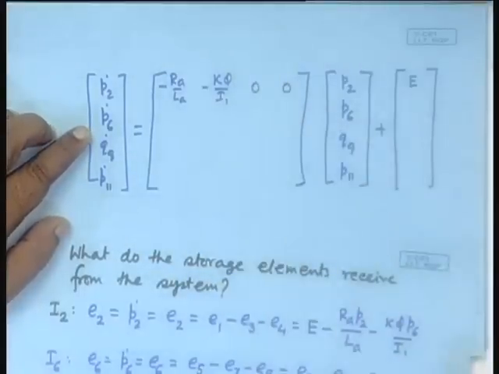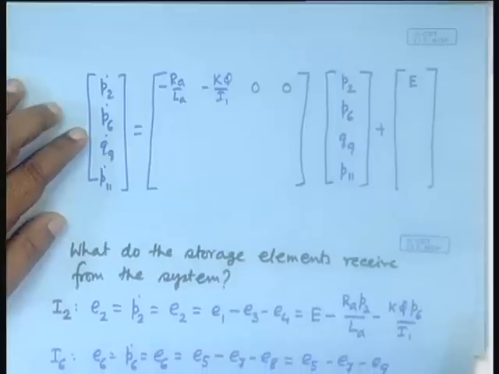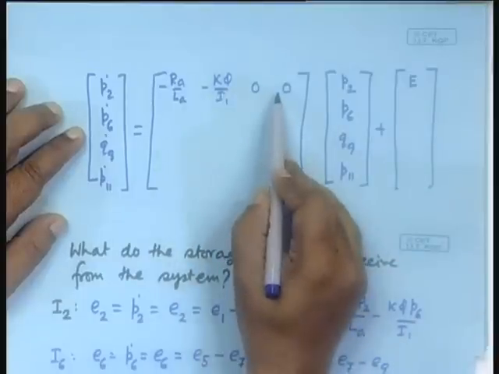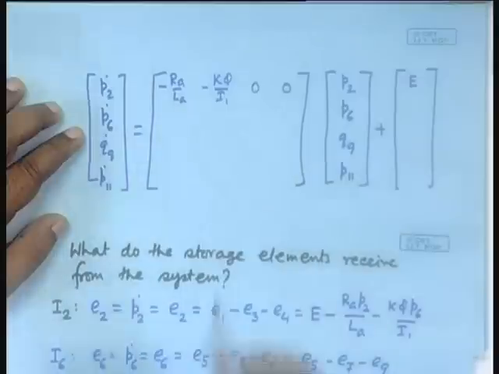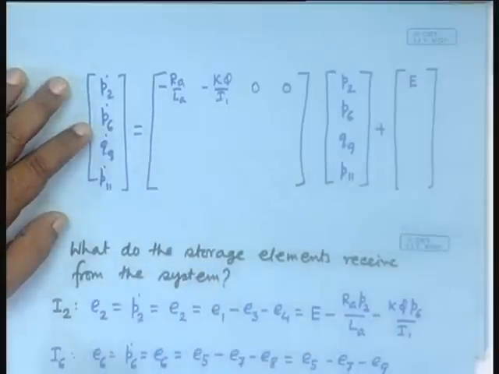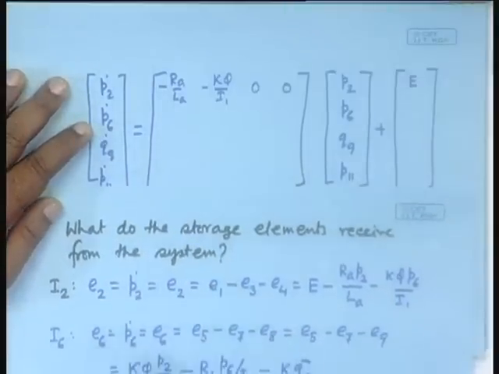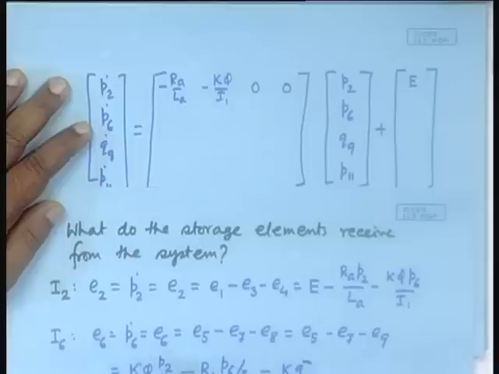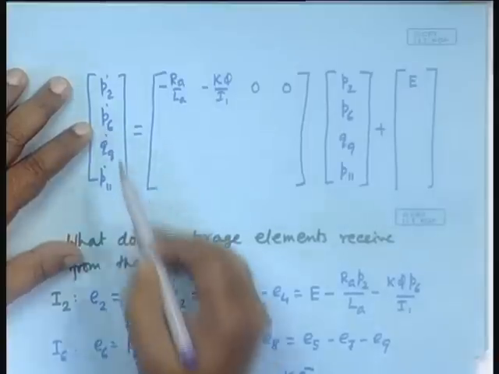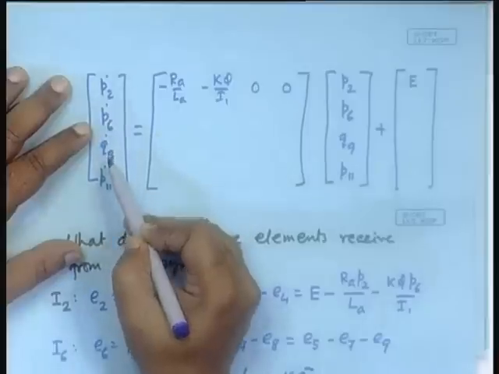Notice on the right-hand side you only have P2 and P6 and not the other two state variables, so these two terms will be 0. Next, P6 dot contains P2, P6 and Q9, but not P11.